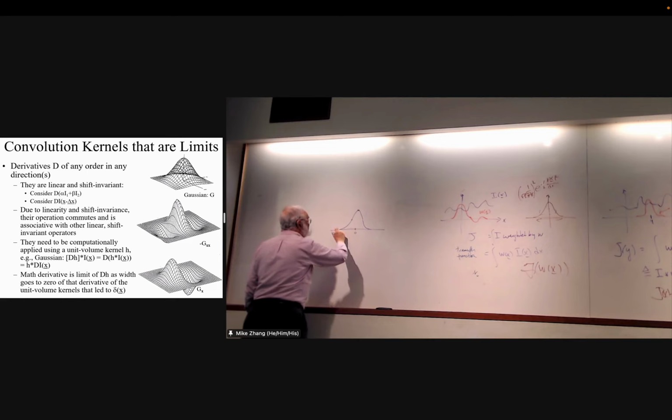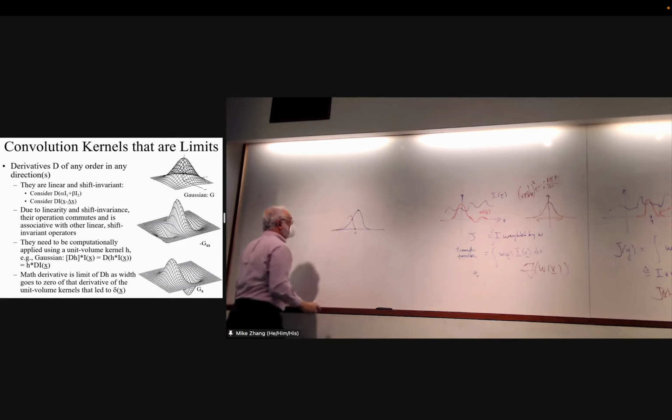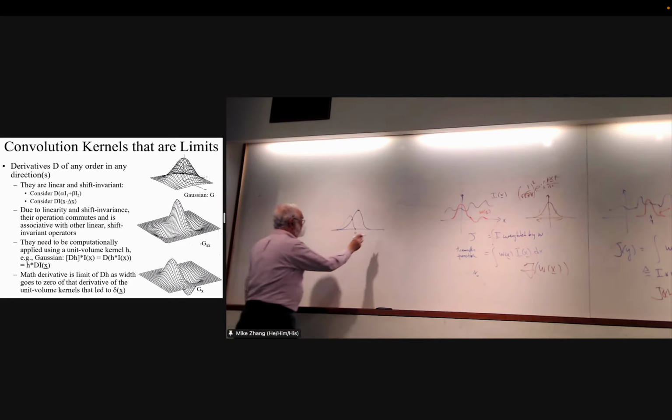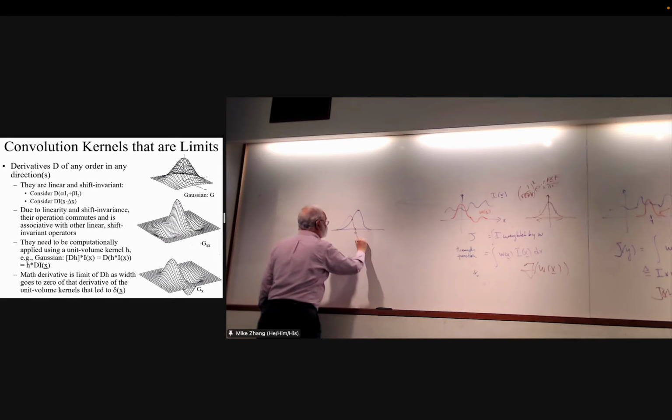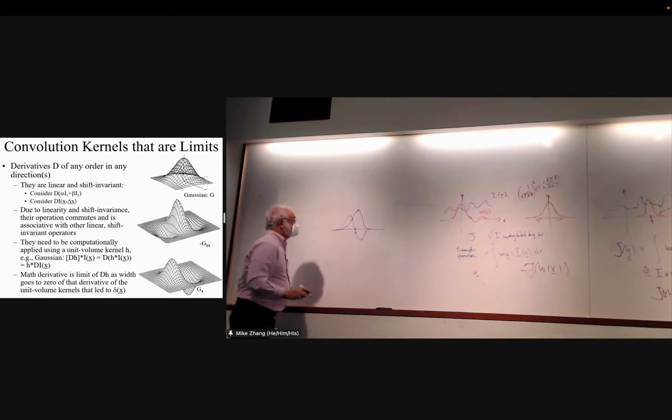This guy here gets higher and higher slope until it gets here, and then it comes down, has to come down to 0 by there. And the symmetry tells you that it's going to look like that. It's got a negative derivative for the positive x.